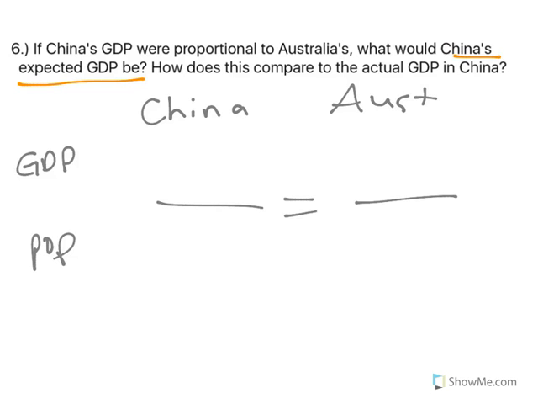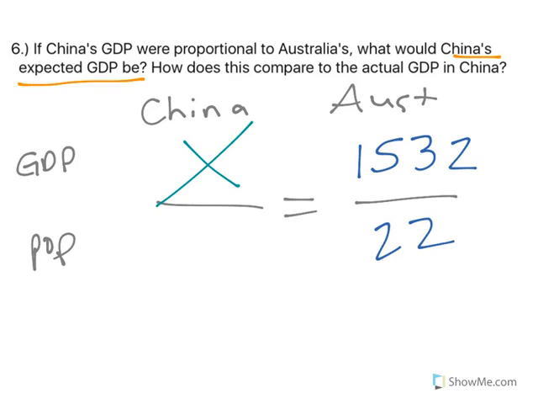Well, we're trying to say that Australia is going to stay the same. So if Australia keeps their GDP of 1532 billion and they keep their population of 22 million. Okay, so we're saying what would China's GDP be? So what we're trying to find is this, assuming that their population stays the same at 1,350 million.